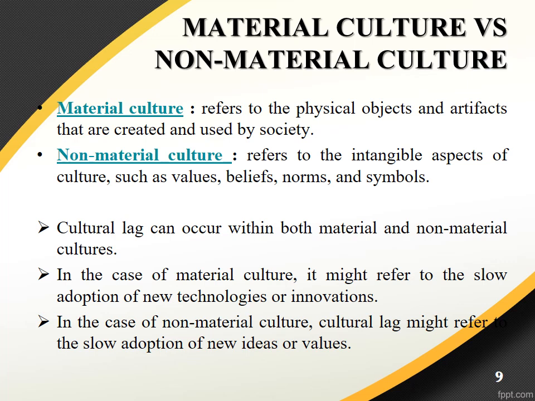And non-material culture refers to the intangible aspects, which means we cannot see such culture, we can only feel it, such as values, beliefs, norms and systems and so on. An example of non-material culture is the values followed by the people.